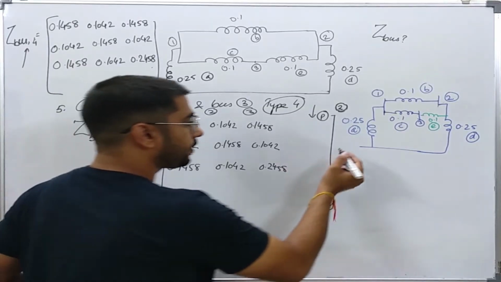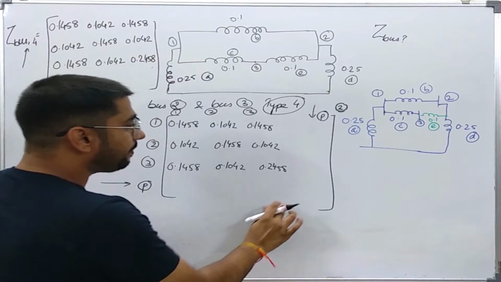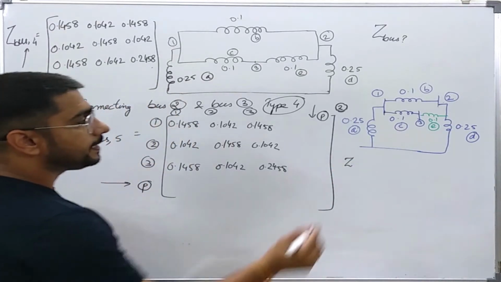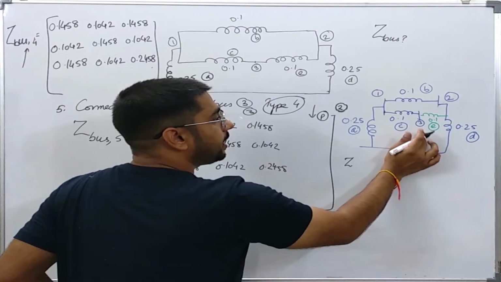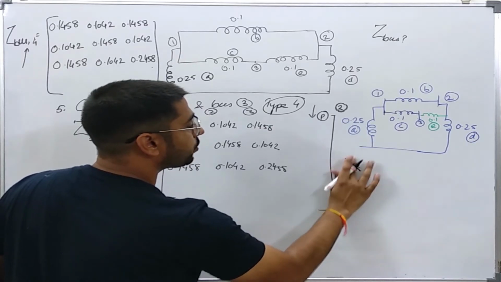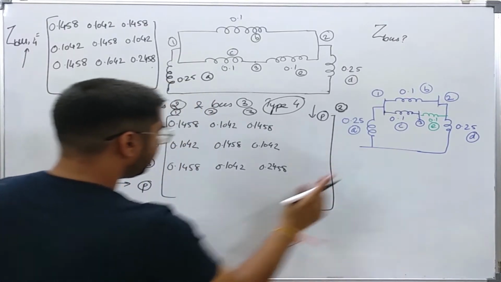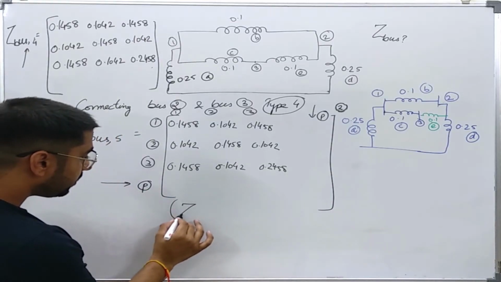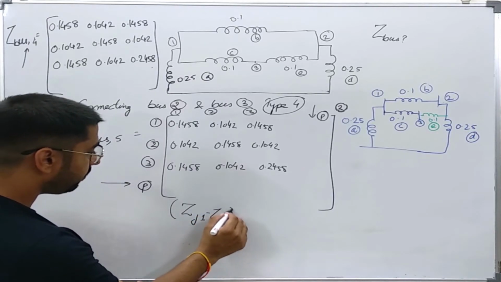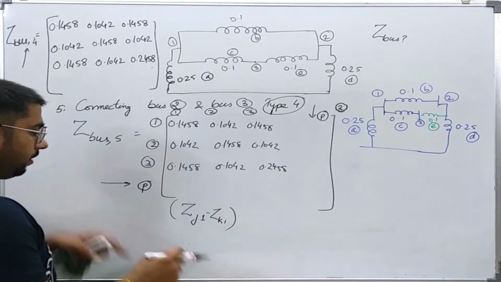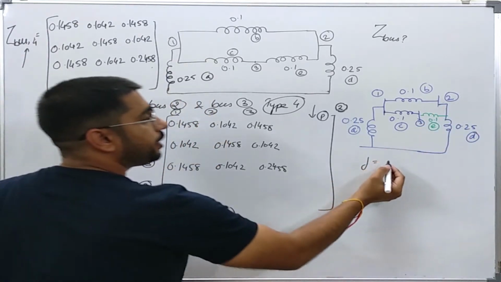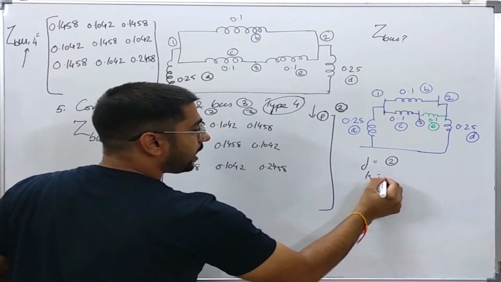The elements of this new row and new column are Z J1 minus Z K1, where J is the lower ordered bus to which the new branch is being added, and K is the higher order bus.